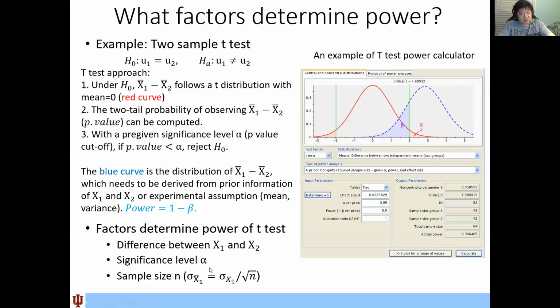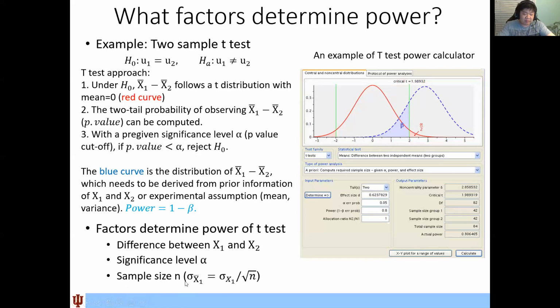And the last one is the sample size. The curves show the distribution of x1 bar minus x2 bar, the difference between the mean of the observed x1 and the mean of the observed x2. The standard deviation of the mean equals the standard deviation of the value divided by the square root of the sample size n.